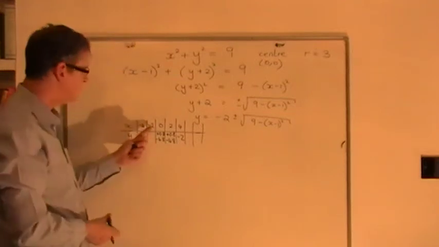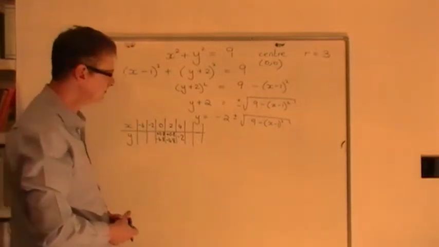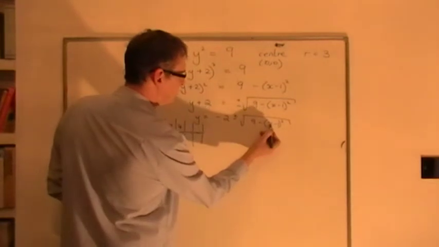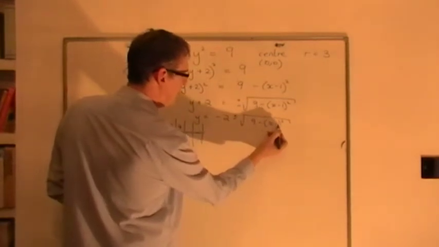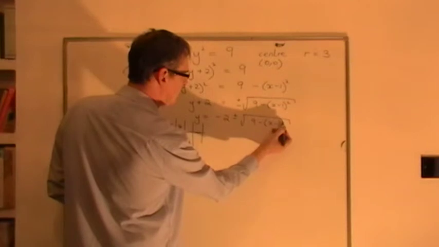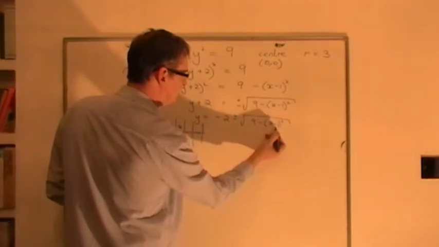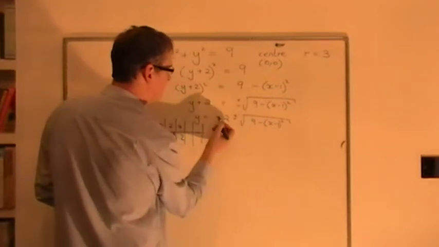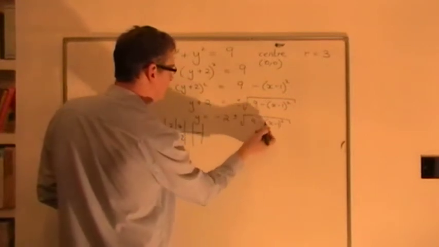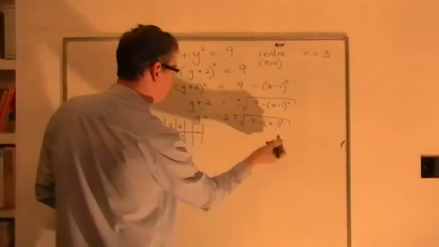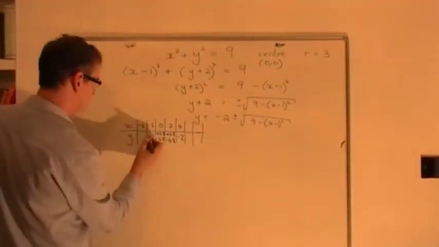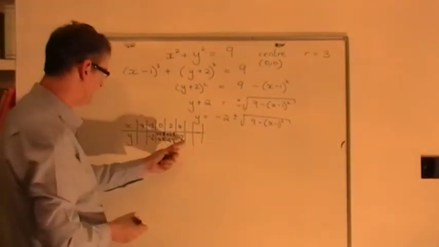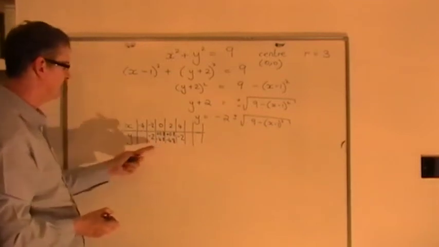Okay, if x is minus 2, minus 2 take away 1 is minus 3. Square it, you get positive 9. 9 take 9 is nothing. So you're getting minus 2 plus or minus the square root of nothing. Minus 2 plus or minus nothing is minus 2. So you can see we've got the symmetry of the situation going on here.